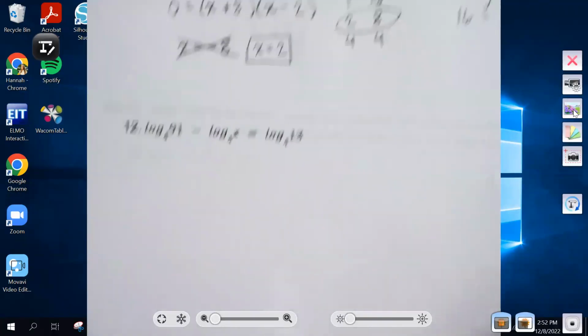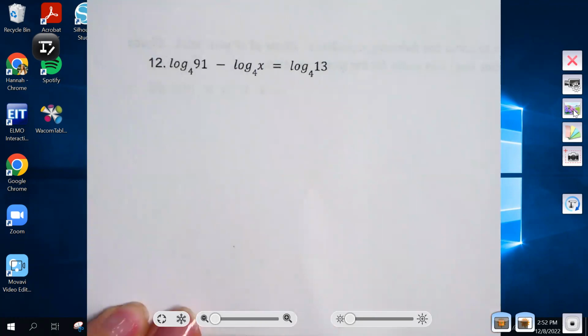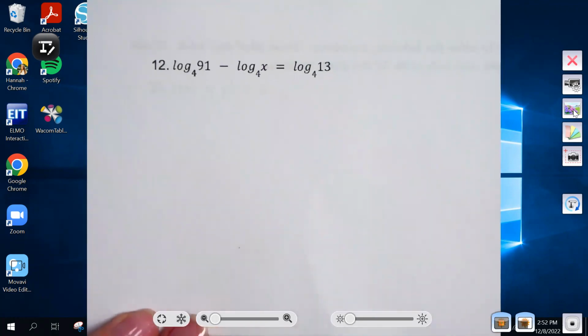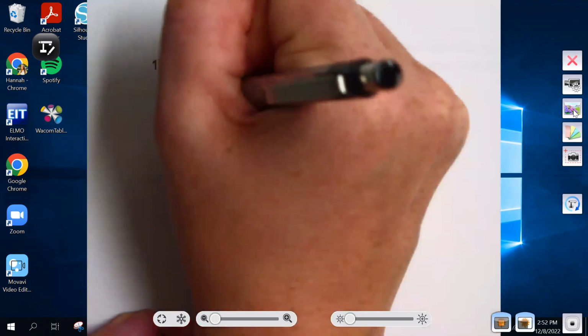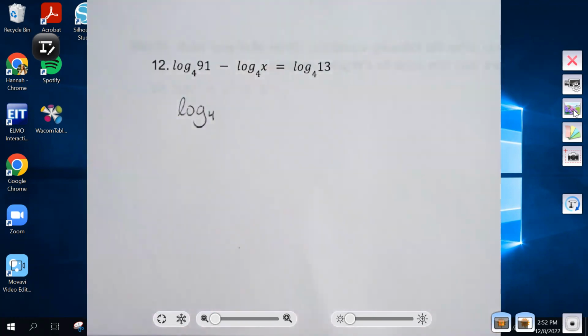Number 12. So on number 12, we again have two logarithms on the same side of the equal sign. You want to combine those before you do anything else. So when we combine two logarithms, the base stays the same. And on number 11, the two logarithms were being added, so we multiplied.